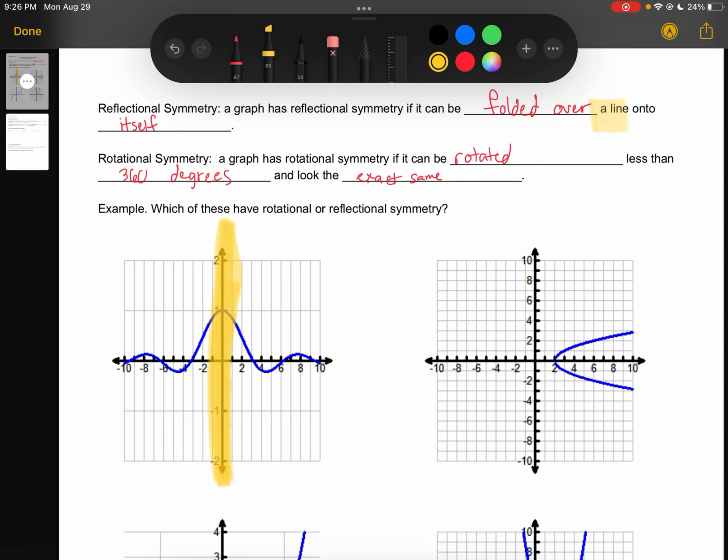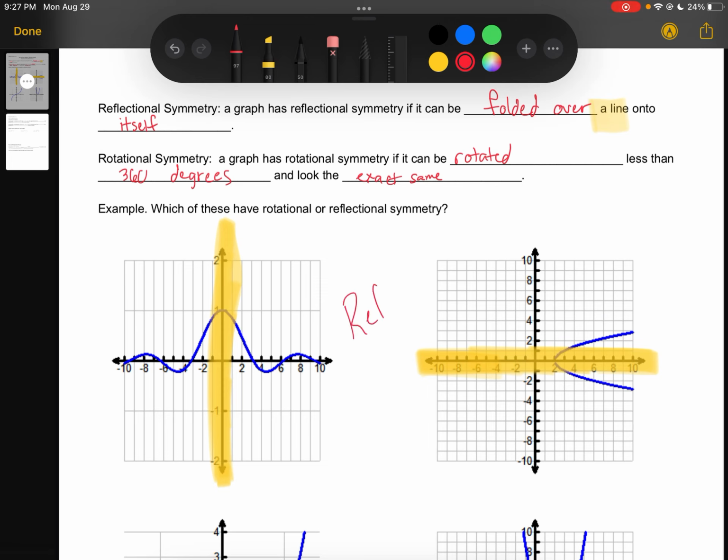So if you take a look at our second one, at first, when I saw this one, I was like, oh no, if I fold it over the y-axis, it doesn't fold onto itself, so obviously not. But the reason why I said a line so specifically there is, what if we use the x-axis as a line? What you're going to see here is actually, if you folded the paper instead of up and down, if you folded it side to side, this actually would fold onto itself, and that would be another example of reflectional symmetry.